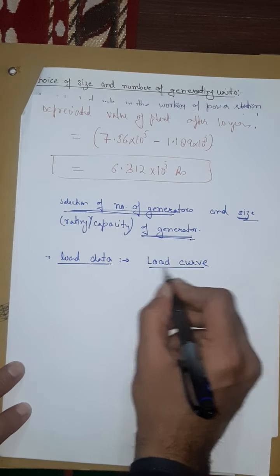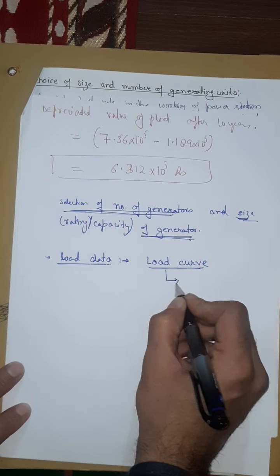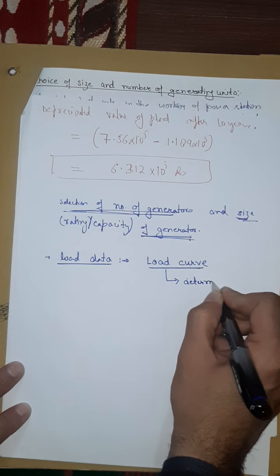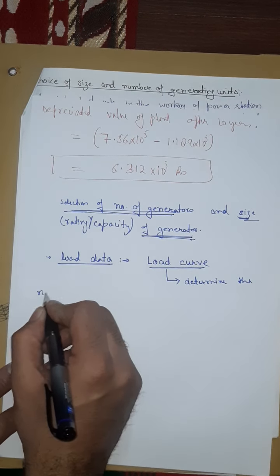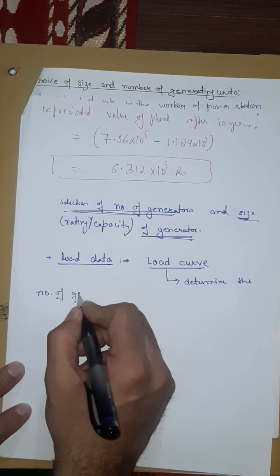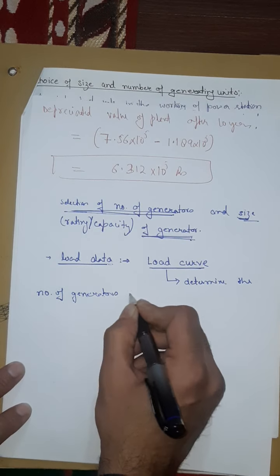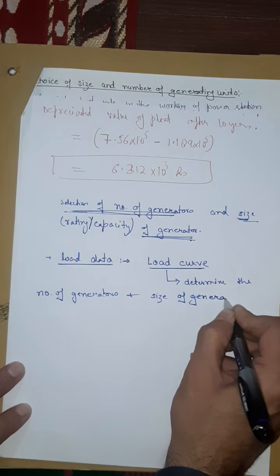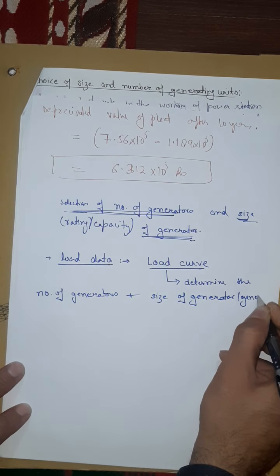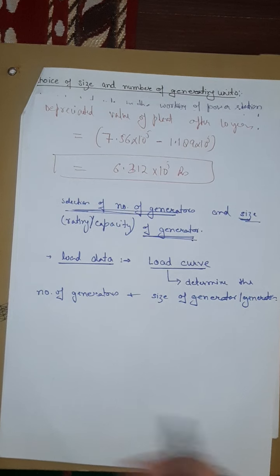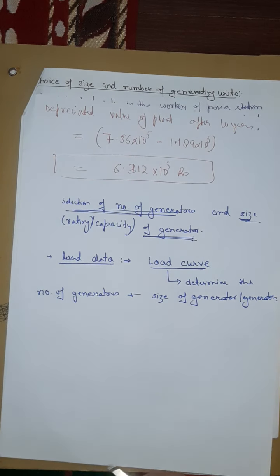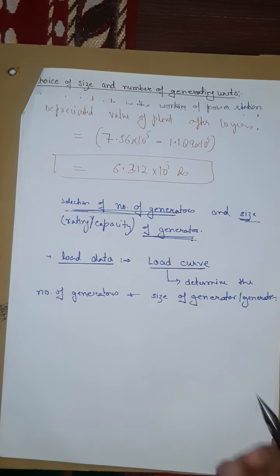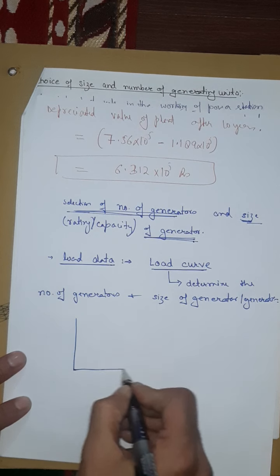Once you have this load curve, after analyzing it, you will determine the number of generators and the size of the generators, because it is not necessary that you will use all generators of the same capacity. You can use some generators of higher capacity and certain generators of lower capacity, depending upon the load curve.